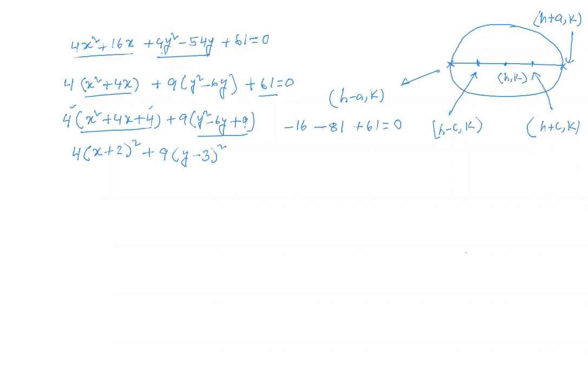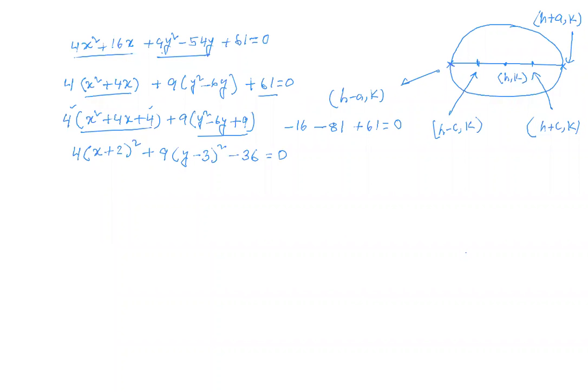Now negative 16 minus 81 is what? Negative 97. Negative 97 plus 61 is negative 36. Negative 36 is equal to 0.